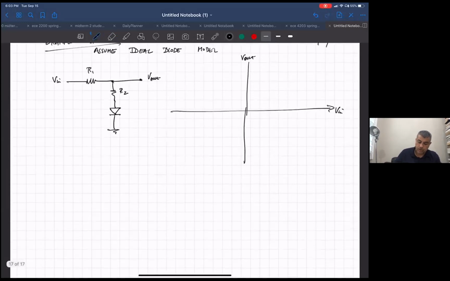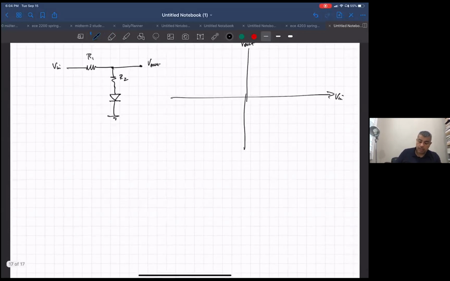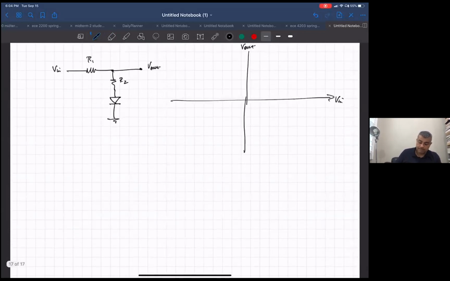Okay, and the other observation is, even with a really simple circuit like this, I personally couldn't come up, just by looking at it, with what this curve looks like. And this is as simple as it gets, 2 resistors and a diode. So that's why we have to get used to this analysis method. The methodology is we look at 2 cases. One of them is V in being very negative, and then what happens.